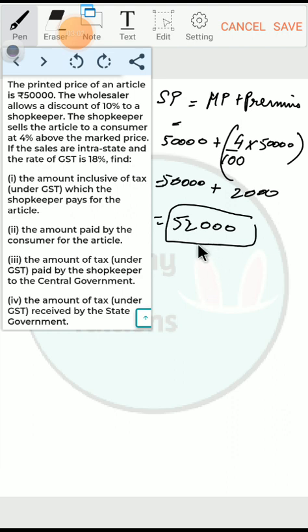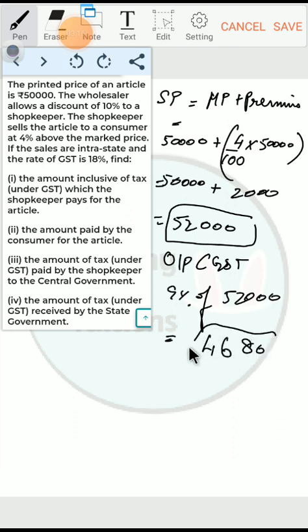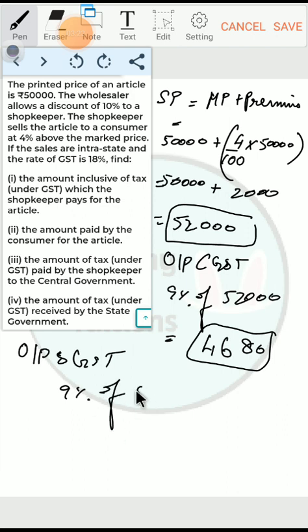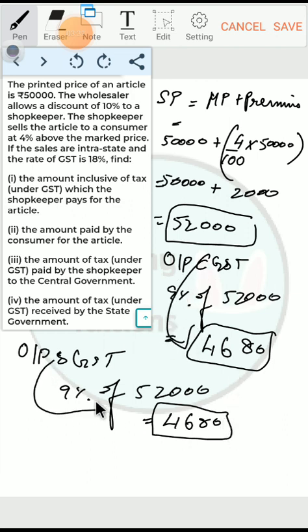Now the output CGST is 9% of 52,000, which gives 4,680. Similarly the output SGST, 9% of 52,000, also 4,680. This is the output CGST, output SGST.